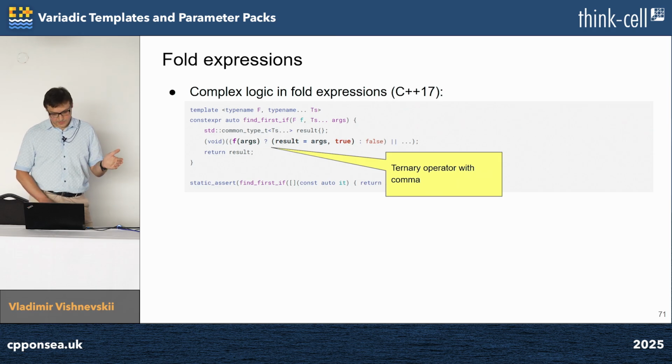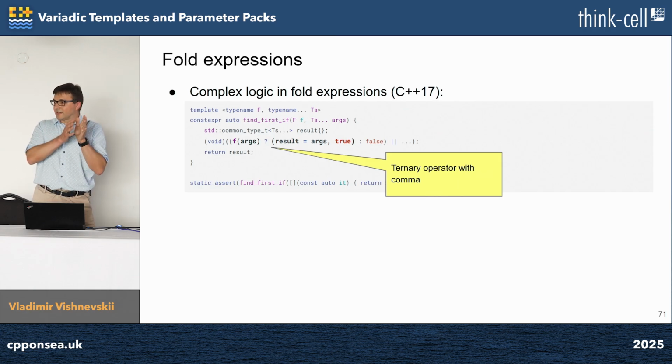So we apply the predicate, and if the result of the application of the predicate evaluates to true, for the ternary operator, we will assign the result to this argument for which it evaluated to true, and we will again use the comma operator to actually specify the result of the overall operation to be Boolean and true. In case the predicate doesn't evaluate to true, it will be just false here.